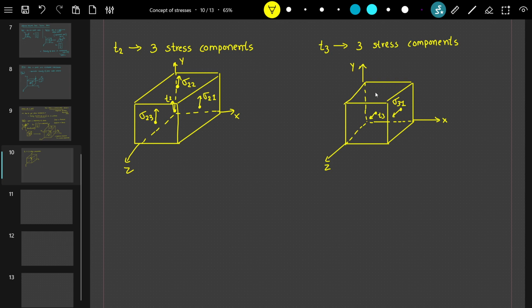On the Y plane, sigma 3 2. Similarly, on the Z plane, the stress due to T3 on plane Z, sigma 3 3. So this also gives us three stress components.